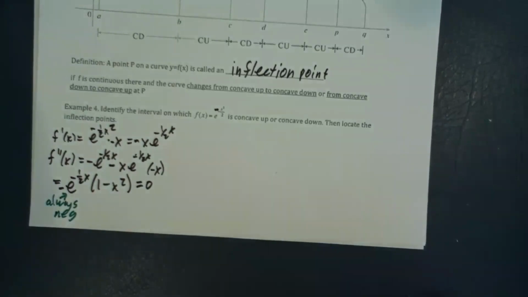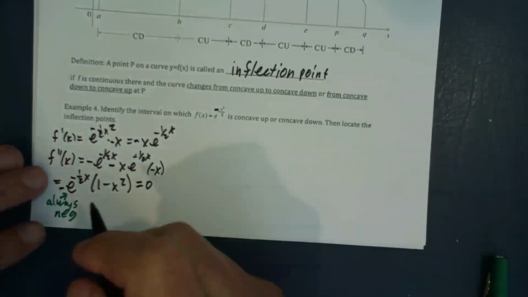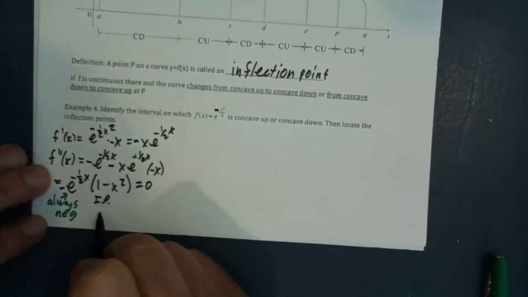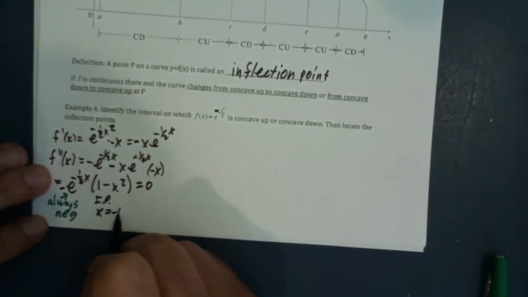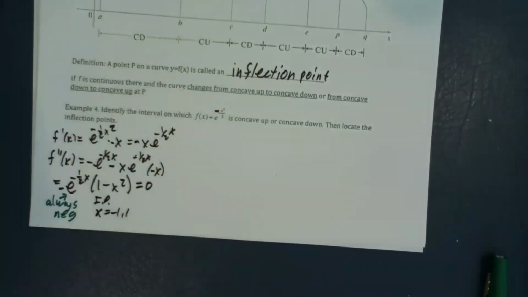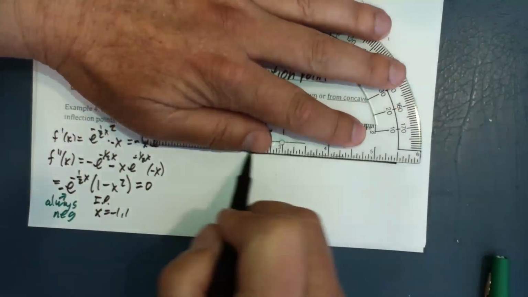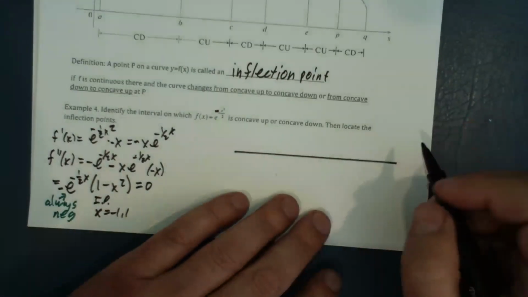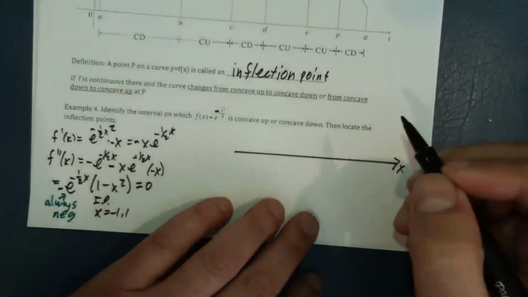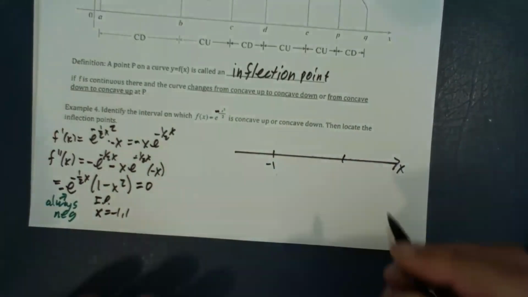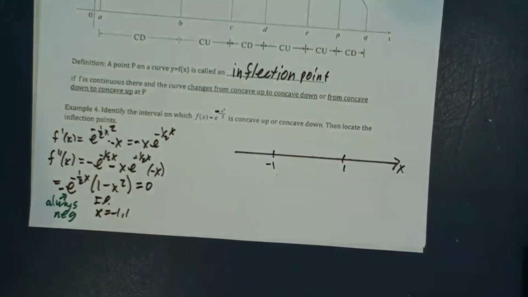All right, so our inflection points are going to be at x equals -1 and 1. And we'll partition those off.